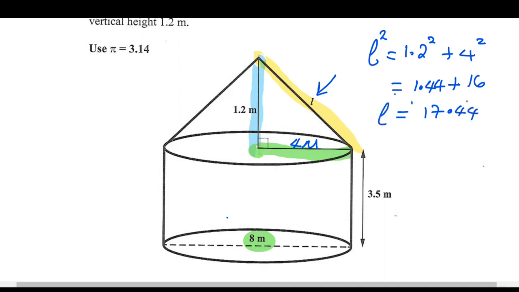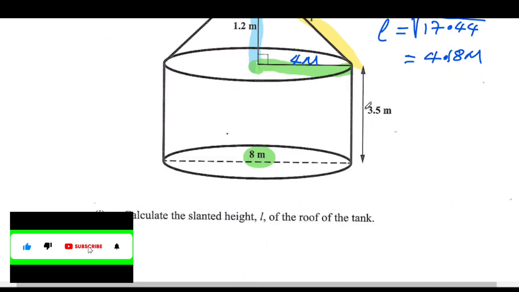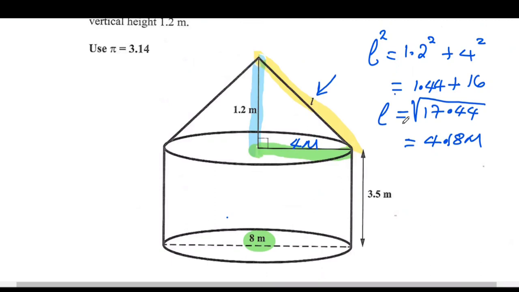The value of L will be the square root of that, and so the square root of that will give us 4.18, or 4.2, depending. Let us see if there was any form of instruction given. All right, 4.18 is okay for now. So my slant height, I could label it here as 4.18 meters long. So that is our slant height.